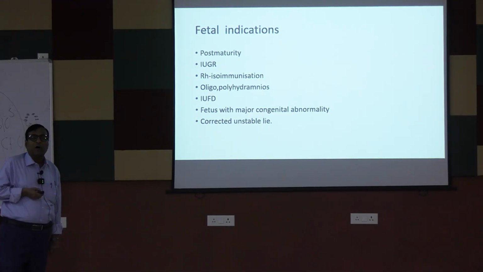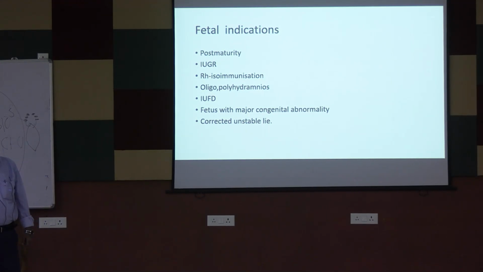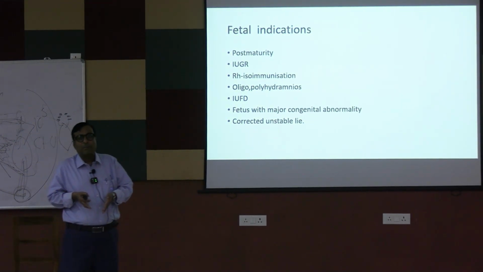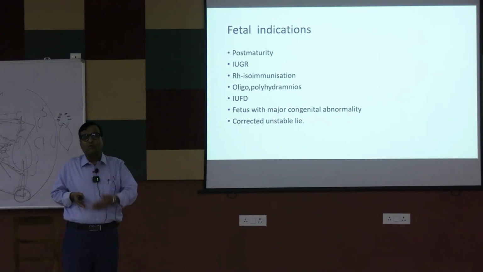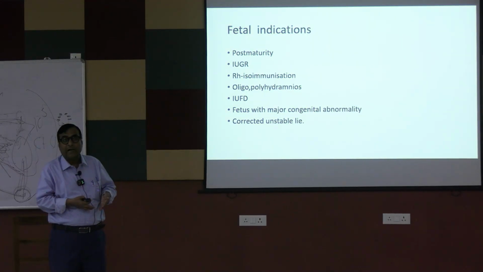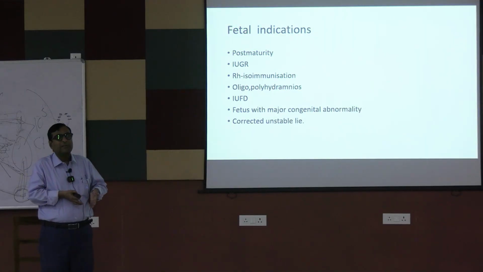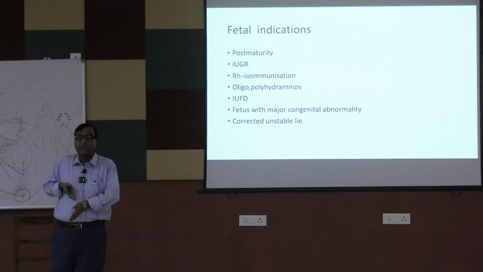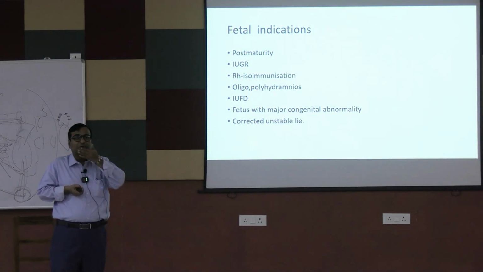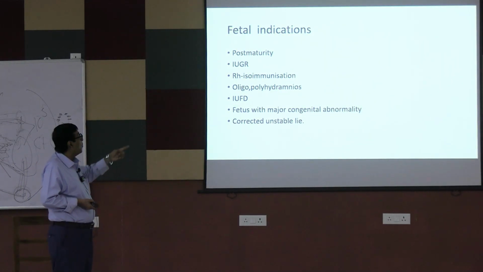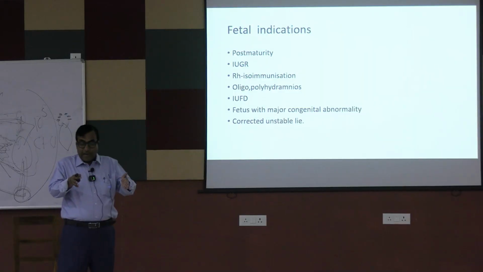Correction of unstable lie. What is unstable lie? That is, the lie of the fetus is not stable. We know the lie of the fetus is either longitudinal, transverse or oblique. Unstable lie means the fetus is sometimes in transverse position, sometimes oblique, sometimes longitudinal. It happens in multigravida with pendulous abdomen. So what we do in unstable lie, we correct the lie.